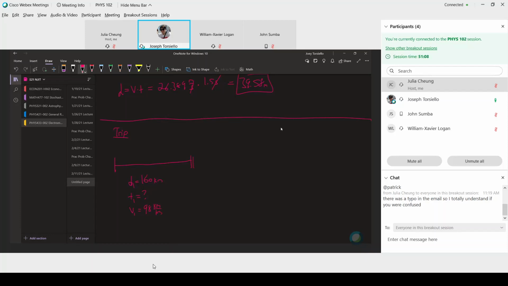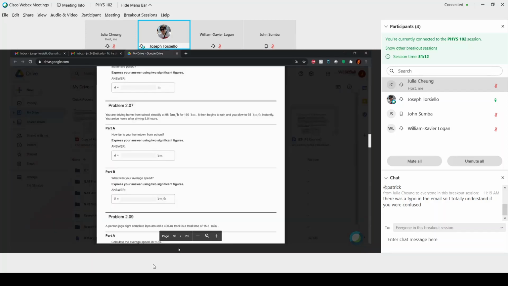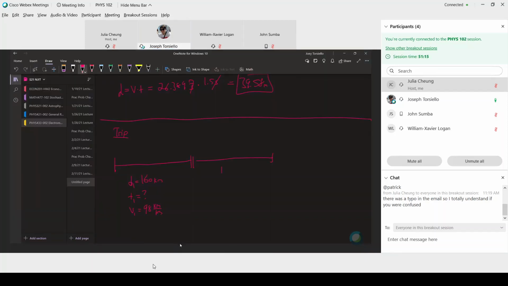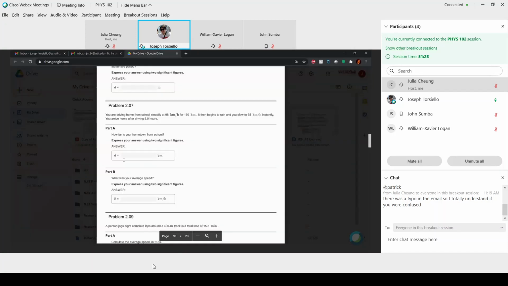And then the second part of the trip, whether it be longer or shorter, I'm not really sure yet. We don't know the distance D2, that's what we need to find, because then the total distance will be the total distance it takes you to go home.